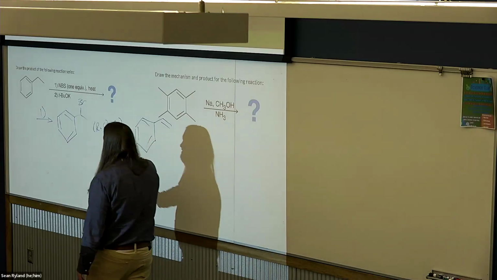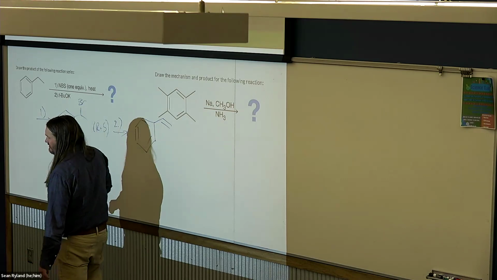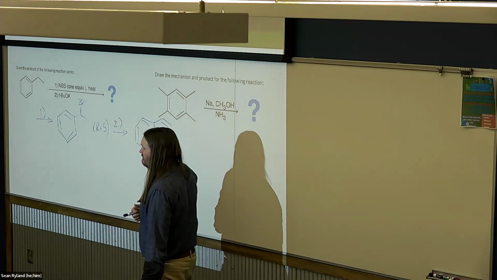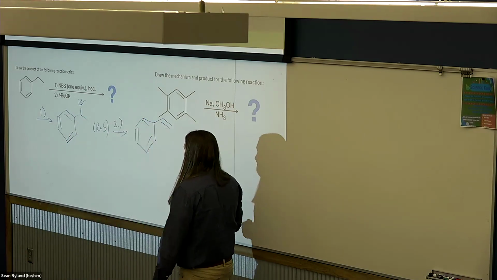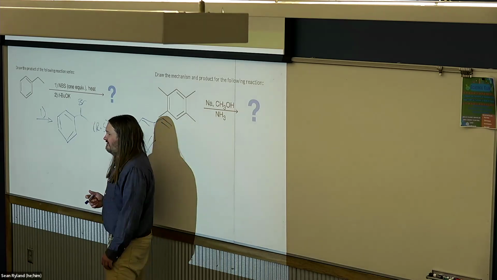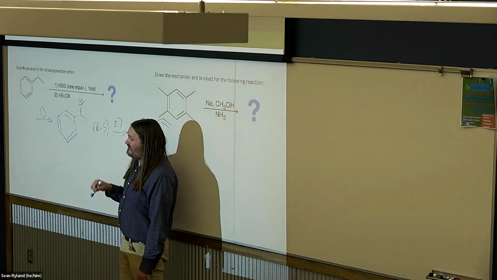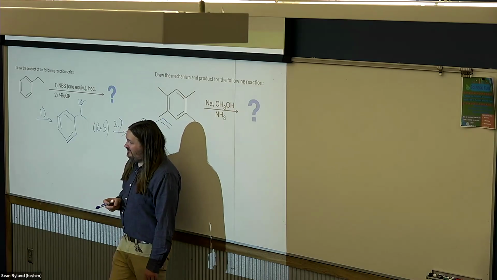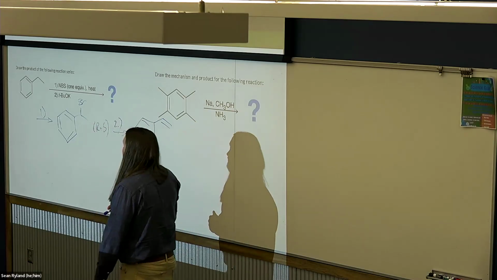What's the advantage of using t-BuOK instead of a different base, instead of just using hydroxide? It's sterically bulky. That is the advantage, but what does it do? It doesn't have side reactions.